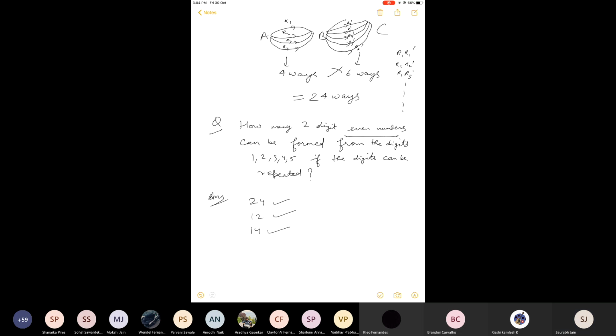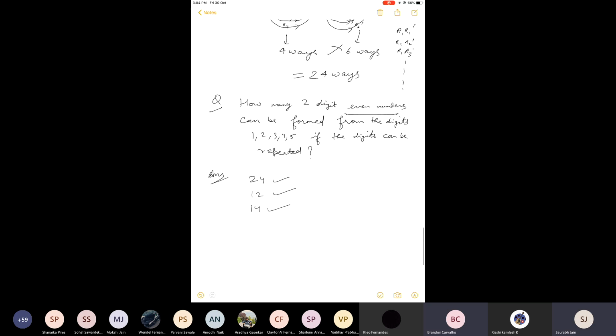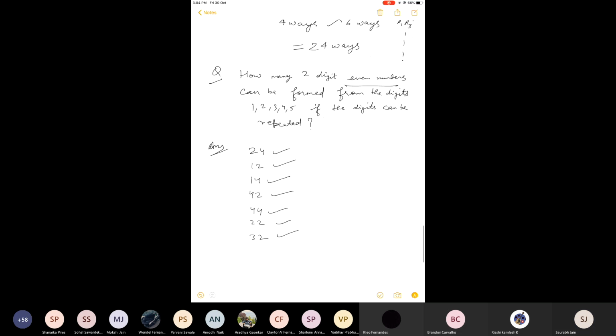Anyone else? So 42. Yes. So 44, 22, 32. We are doing actual counting. All right, 52. Everyone, listen carefully. 52. Till now, we have written 8.